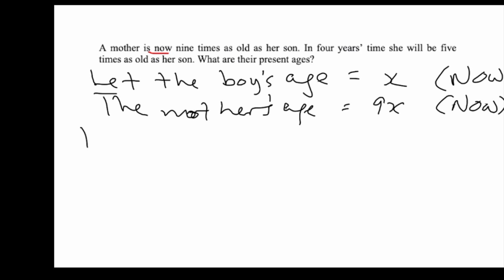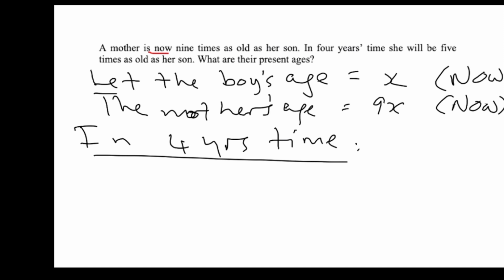All right, so let's check. In 4 years' time, how old will be the boy? Right, this boy will be 4 years older. So the boy will be 4 years older.